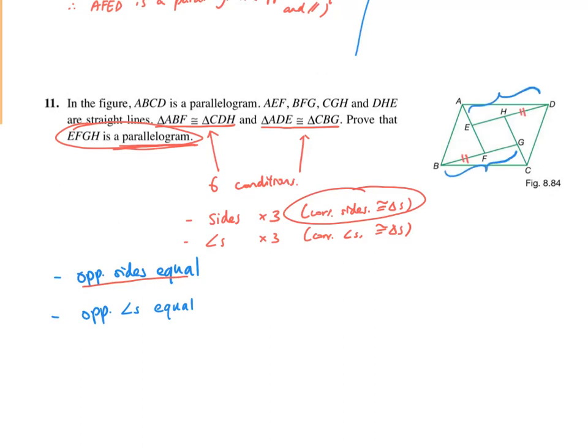From the congruent triangle, you can say BF equals to DH because when you look at the first pair of congruent triangles, you have BF and DH equal. And then you can look for DE equals to BG as well because you look at the second congruent triangles. You can say the two blue lines here are equal. So you can say FG also equals to EH when you have one minus the other.